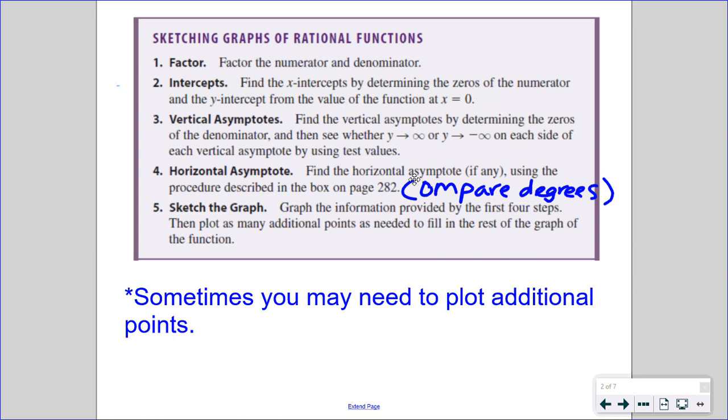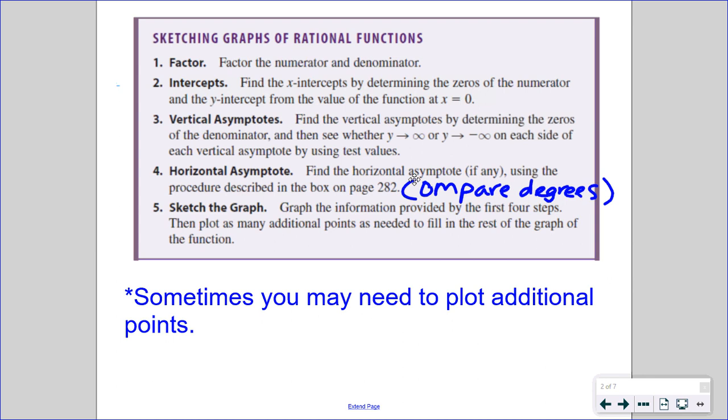If the degree of the denominator is bigger, then the HA is y equals 0. And if the degree of the numerator is bigger, then there is no HA. But remember, you could have a slant asymptote. If the degree of the numerator is exactly 1 more than the degree of the denominator, then you have a slant asymptote. And to find it, you divide.